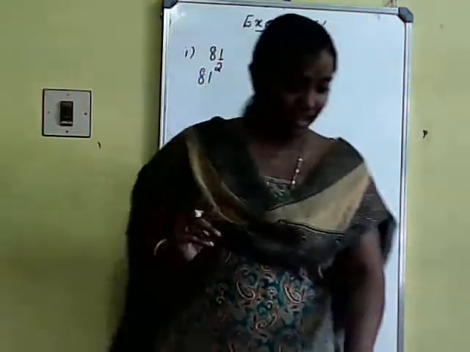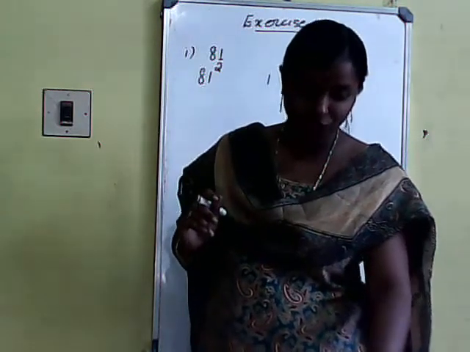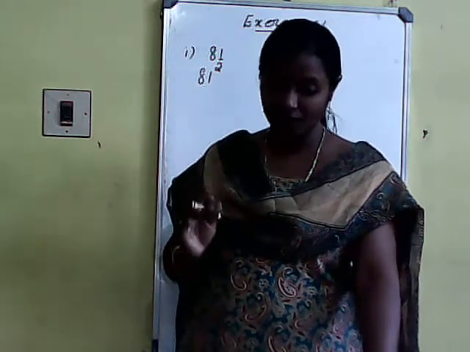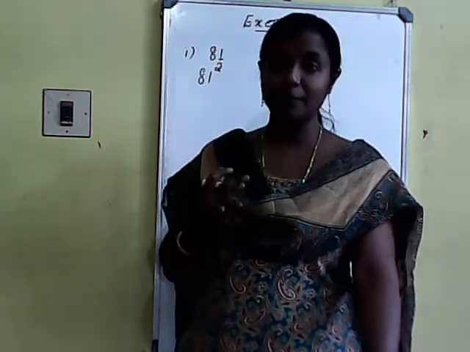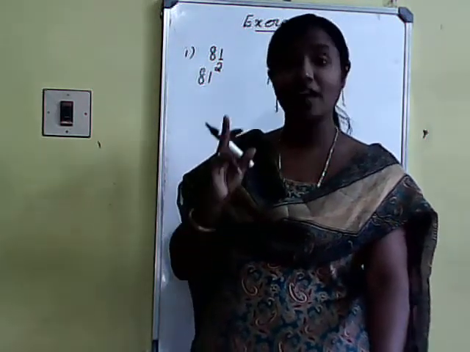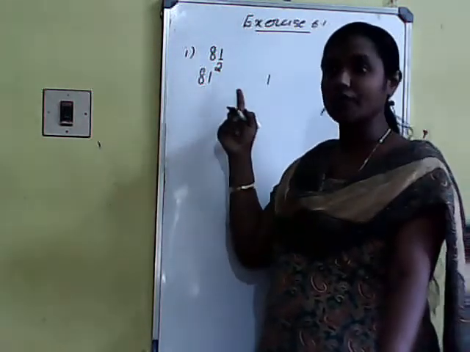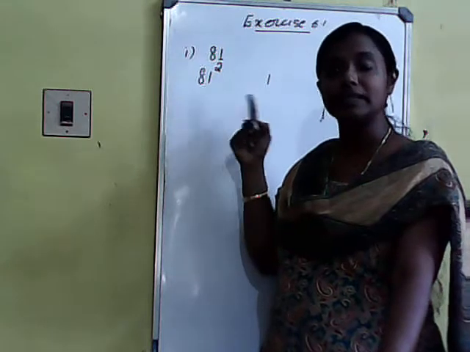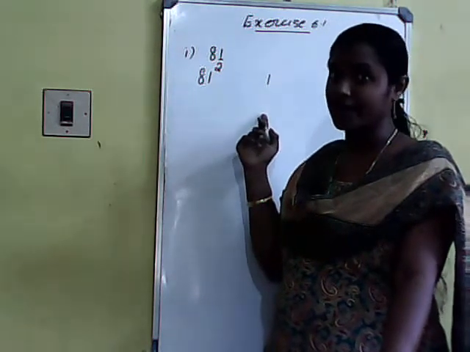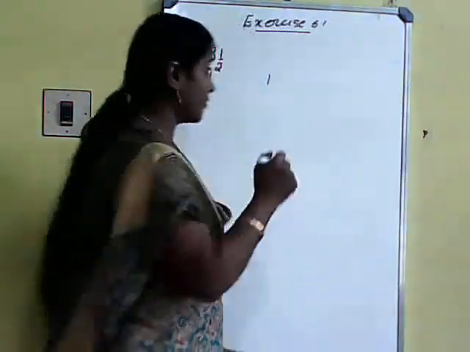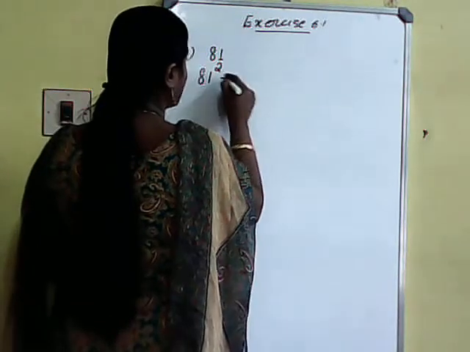The unit digit of the square of 81 will be 1, because the units place is 1, so its square also has 1 in the units place. Clear? Then the next question is 272.